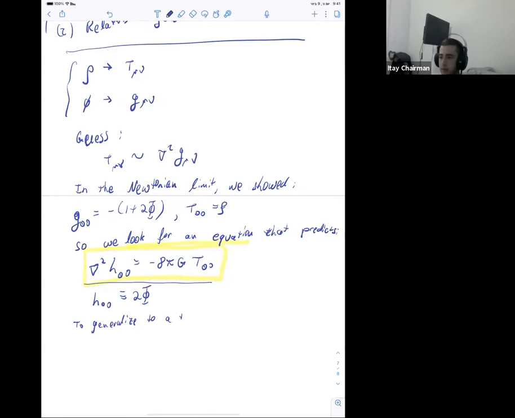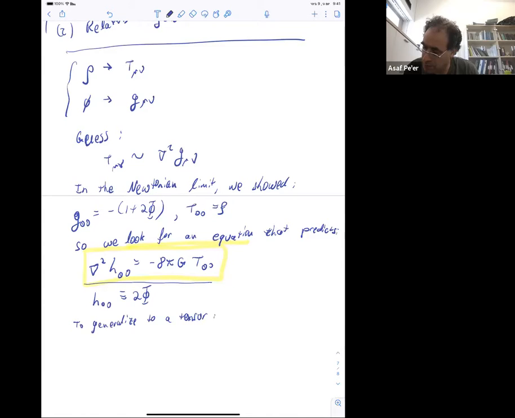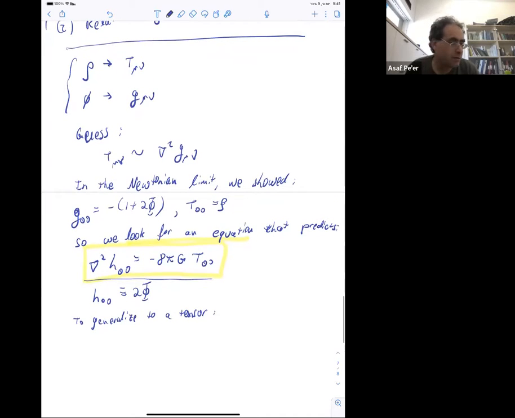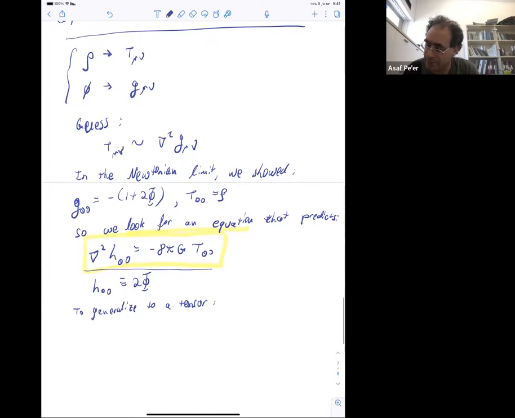The second-order covariant derivative? Yes, but you have a covariant derivative of nabla mu. So how do we call that? The D'Alembertian, right?